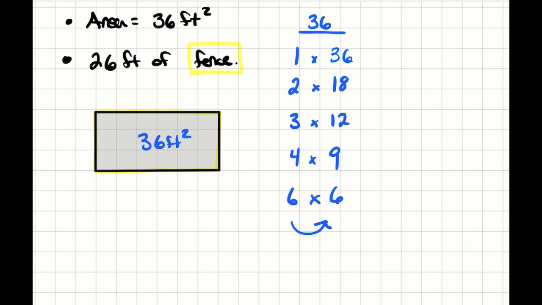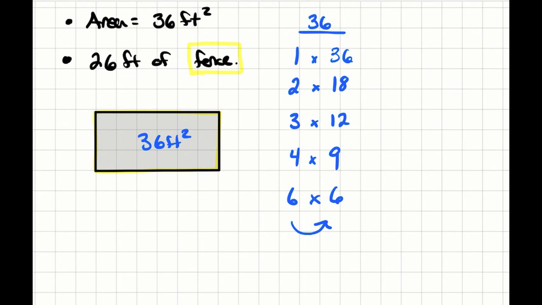So what we want is to find one of these that works for our box. The odds are that we're either going to have 1 and 36, or 2 and 18, or 3 and 12, or 4 and 9, or 6 and 6. One of the easiest things to do in this situation is to start with your lowest values.